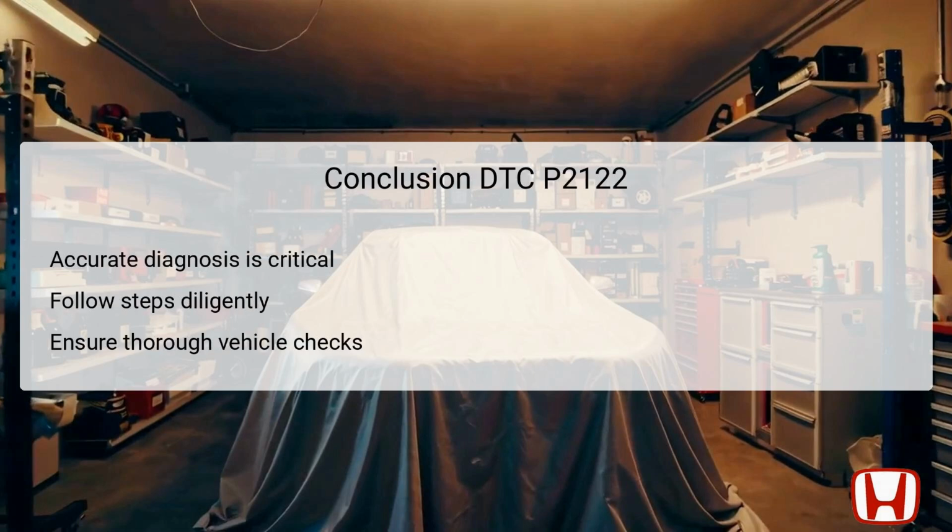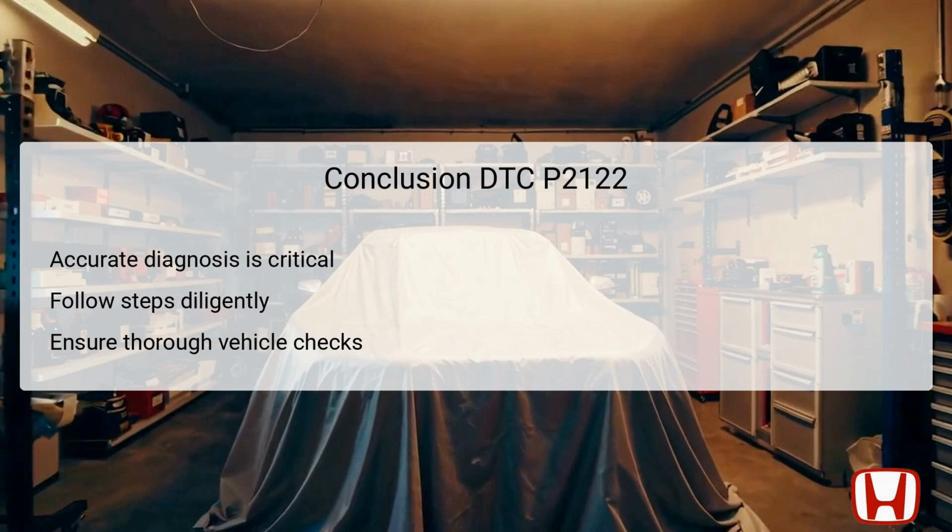In conclusion, addressing DTC P2122 in the Honda Fit involves a systematic approach focusing on accurate diagnosis and thorough testing of critical components. Each troubleshooting step plays a vital role in identifying whether the APP sensor, wiring, or PCM is at fault.